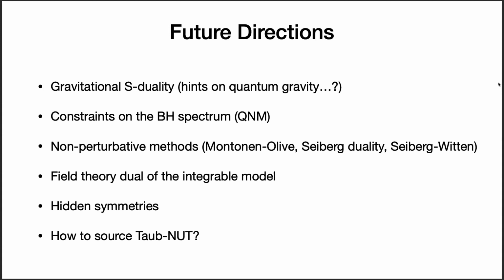Do you have any idea of what sort of physical process would show it? Yeah, that's one of my missions, to convince people that NUT charge is real. We are still not there, as you see, because we didn't address the problem. But if we understand how to source NUT, essentially we can argue that it's physical.